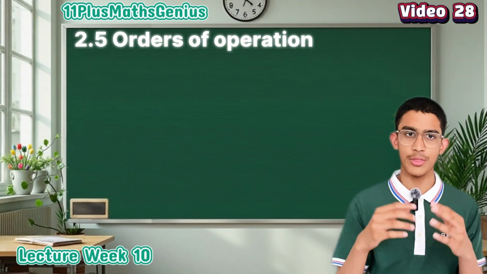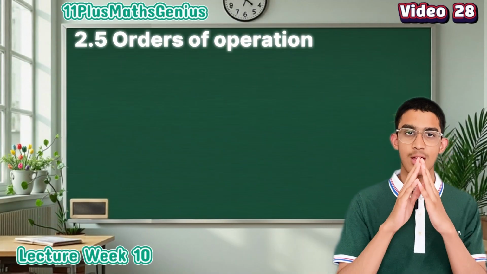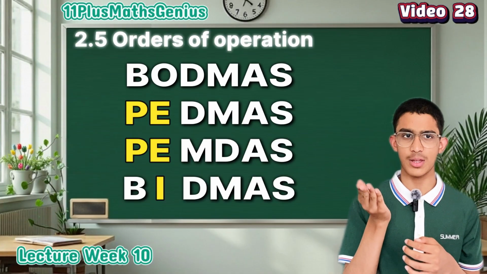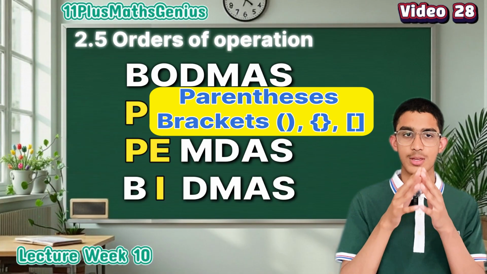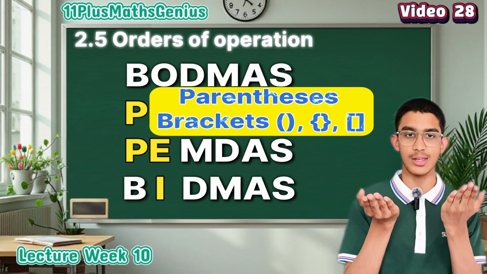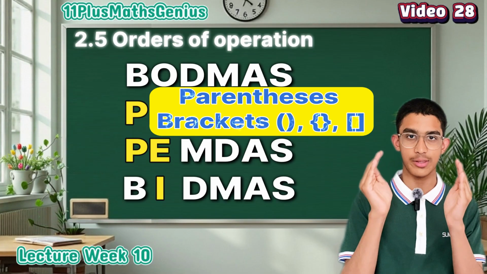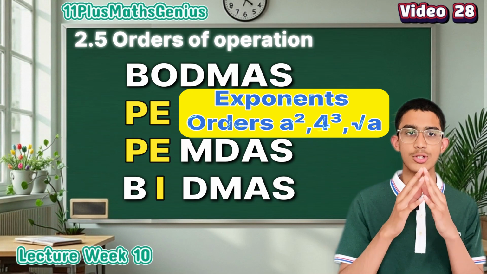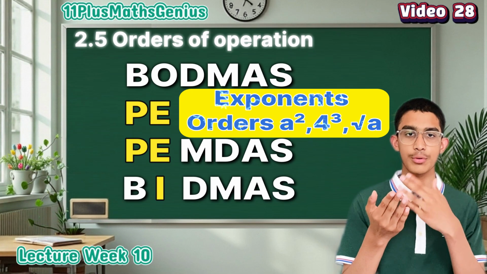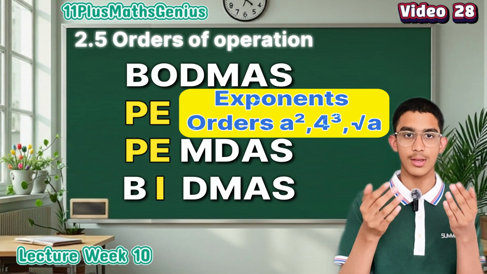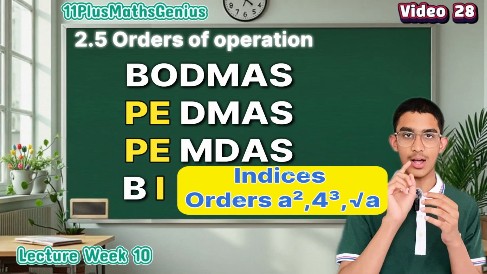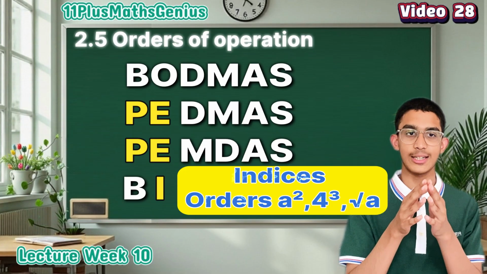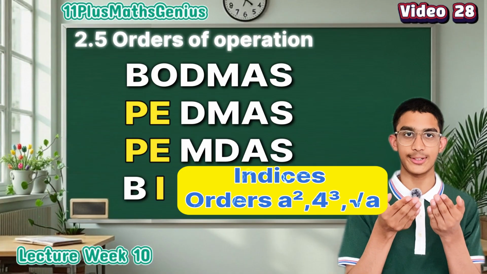Globally, some other popular terms are used. They are BIDMAS, PEDMAS or PEMDAS. P stands for parentheses, which are brackets, and E stands for exponents, which are square, cube, root, etc. In BIDMAS, I stands for indices, which is the same as orders.